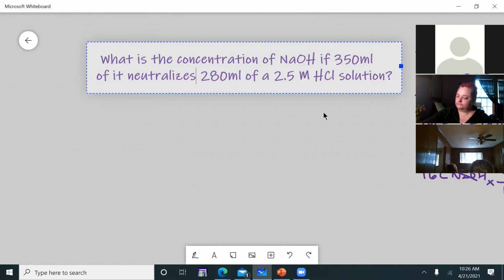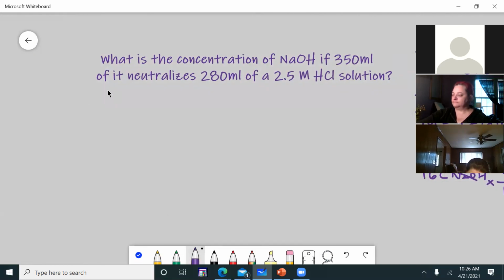I'll walk you through part of this. So write that out. And then for right now, just take a minute to tell me what compound A is and what information you have on it. What's compound B?